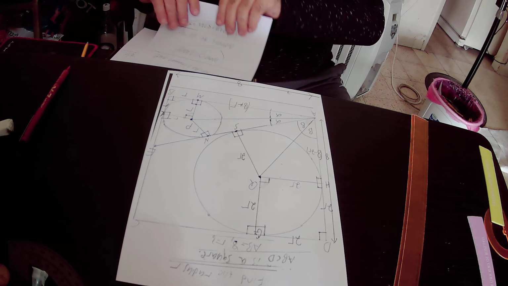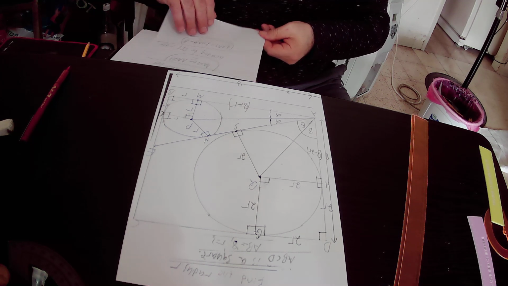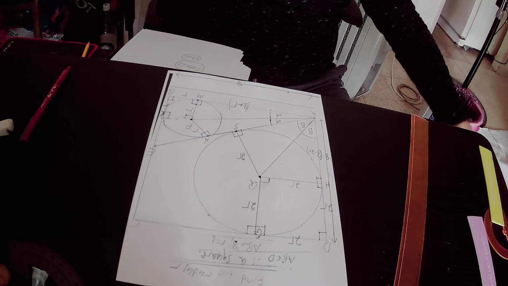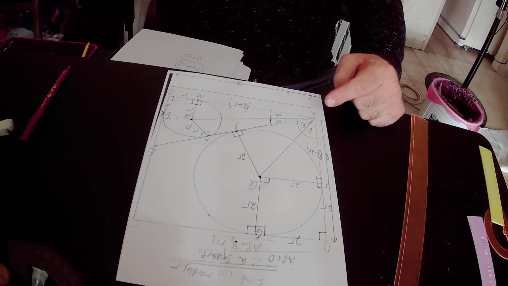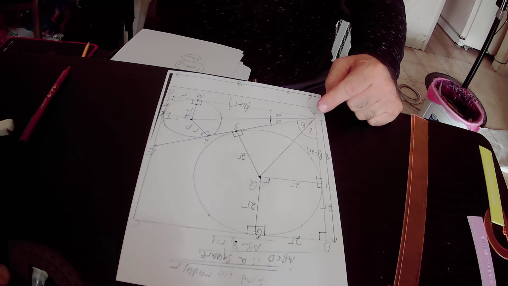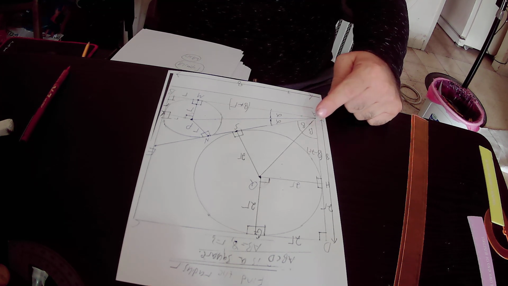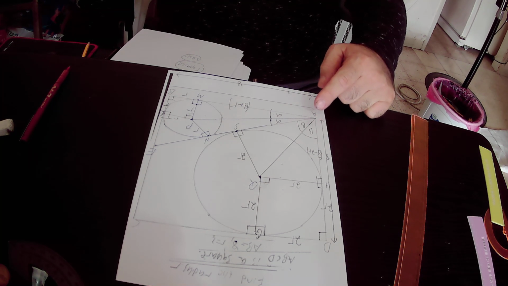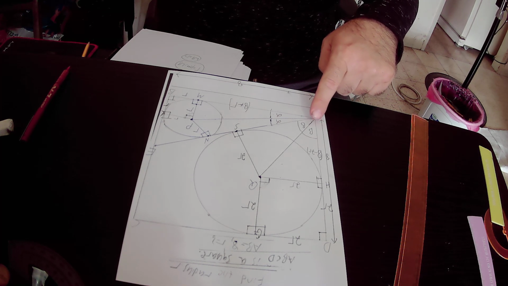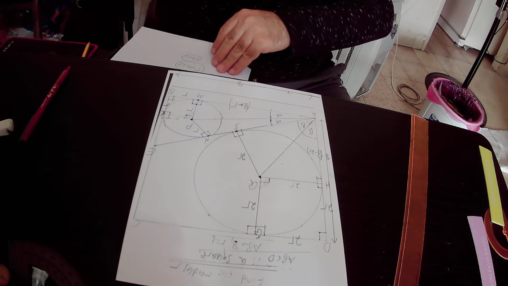And we know that all the four angles of a square are right angles, so this is a right angle, it equals 90 degrees, but it also consists of four angles. So this angle that equals 90 degrees equals also 2 alpha plus 2 beta.